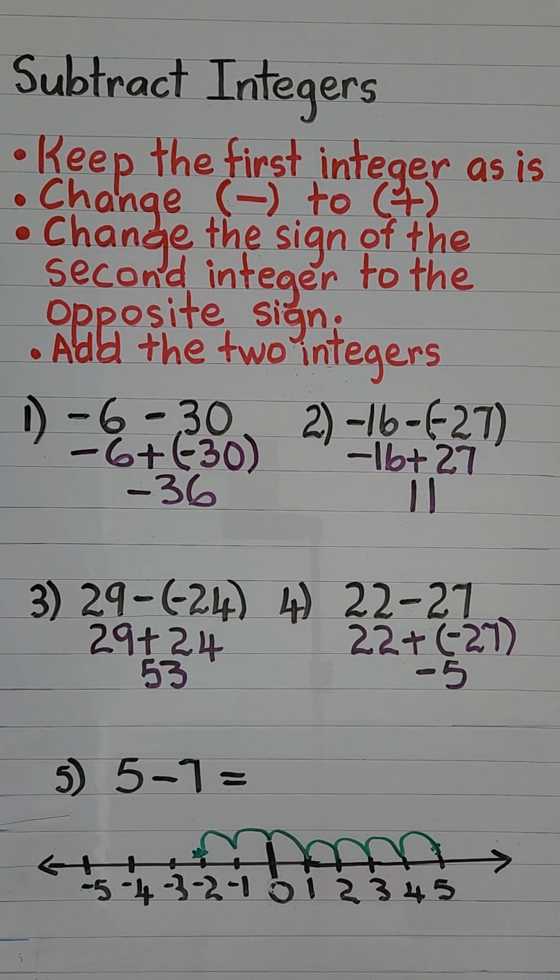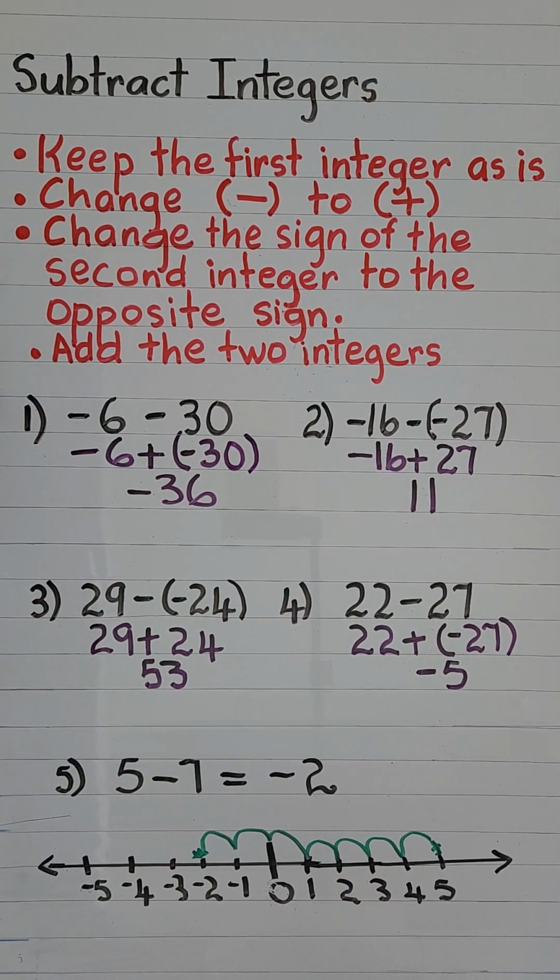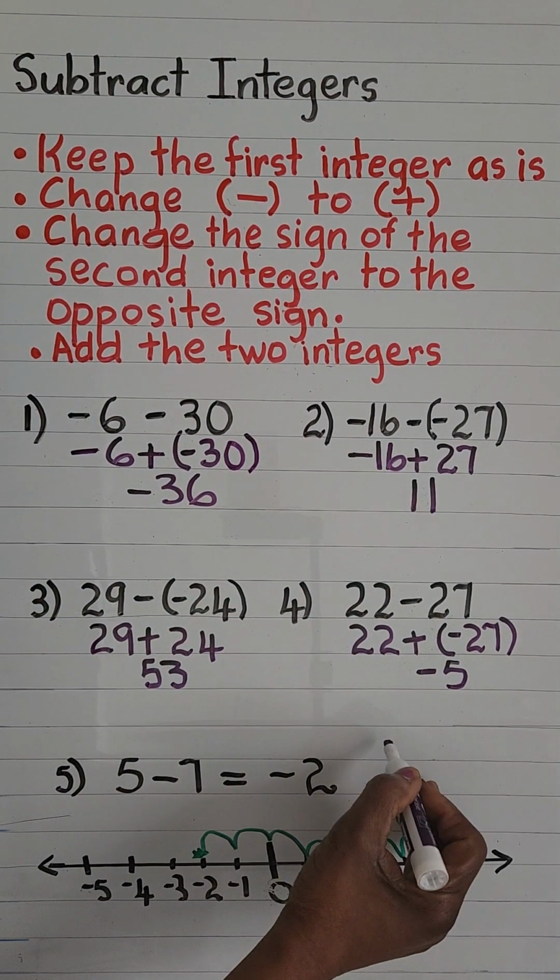So therefore, 5 minus 7 is equal to negative 2. And if we were to do it following the 4 steps, we would get the same negative 2.